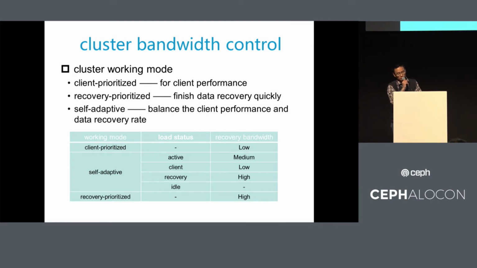And in the recovery prioritized mode, OSDs are set to higher level recovery bandwidth to complete data recovery as soon as possible. As for the self-adaptive mode, OSDs are set to a proper recovery bandwidth according to the load status. And in this mode, all the 3 levels may exist in different OSDs of the cluster. Okay.